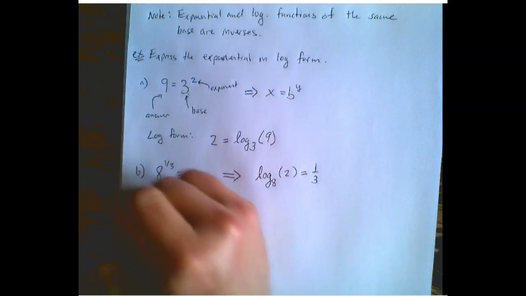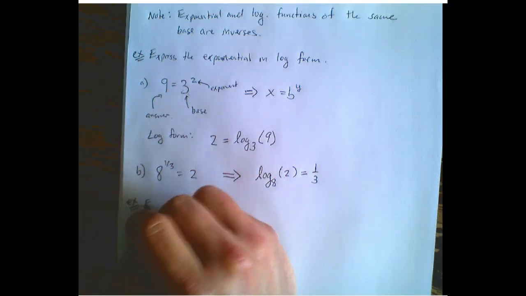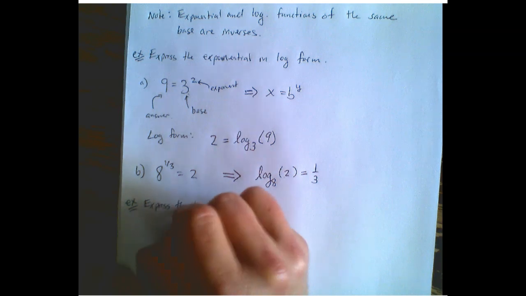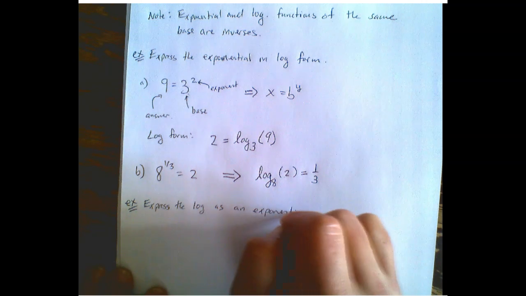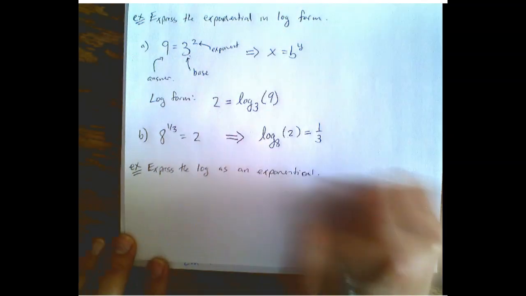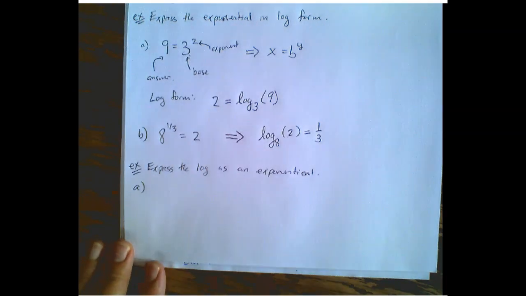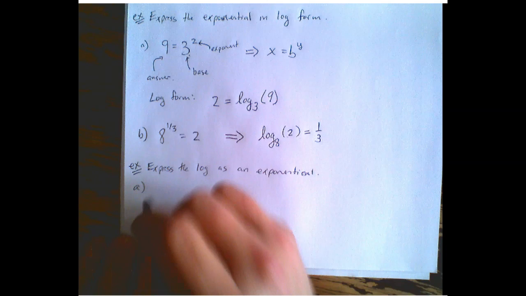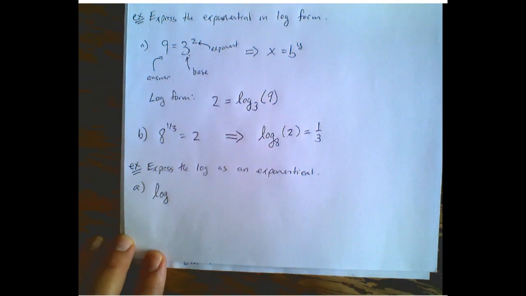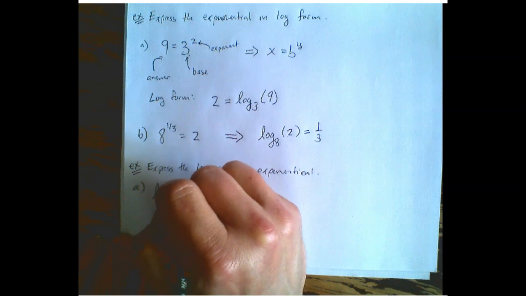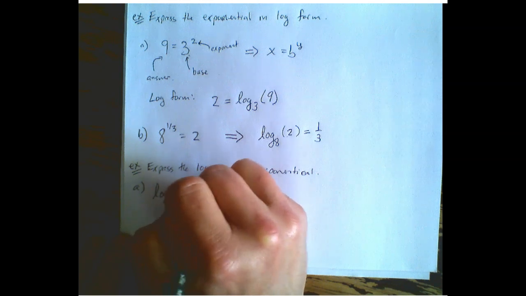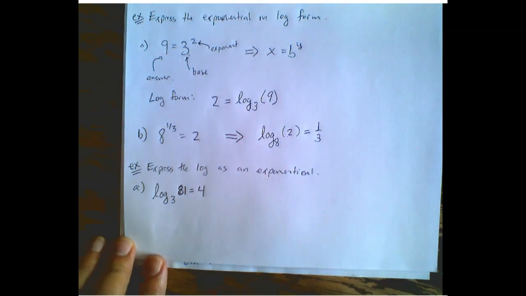We can also go in the opposite direction. We're going to express a log as an exponential. Let's say log base 3 of, well, let's say 81 equals 4.